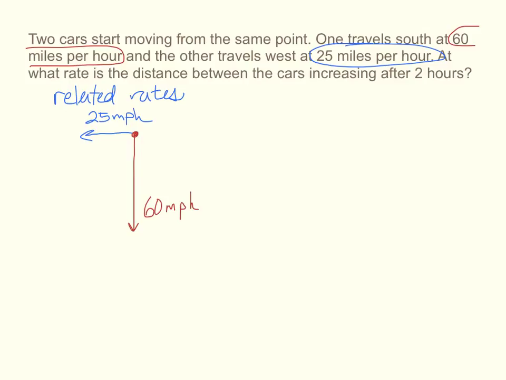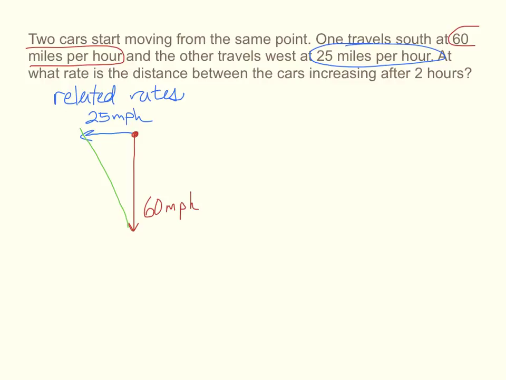The question is, at what rate is the distance between the cars increasing after 2 hours? Well, the distance between the cars is this distance here. So it looks like we're trying to relate three sides of a triangle.